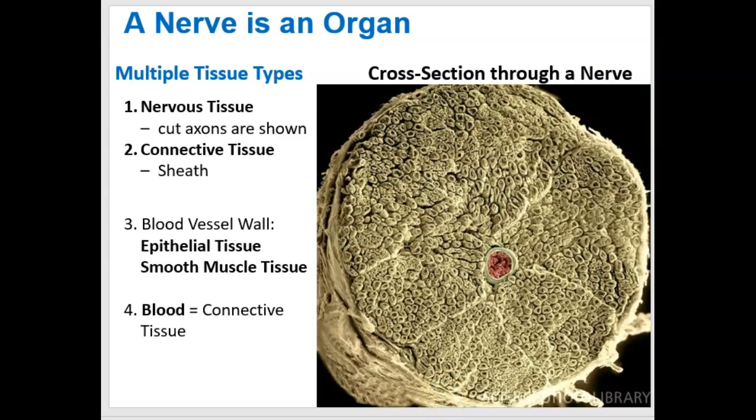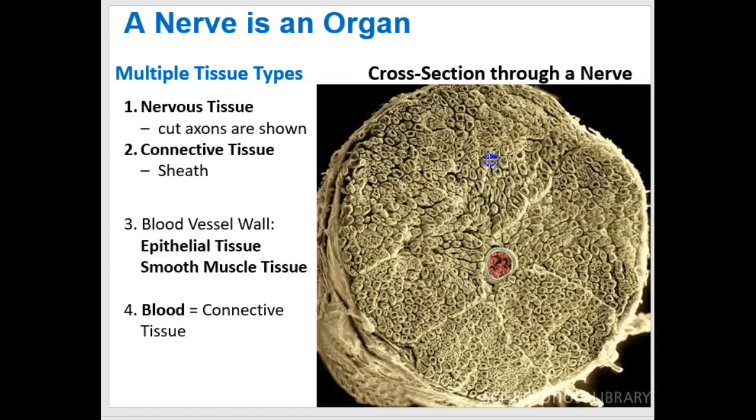Now let's talk about a nerve for just a second. A nerve is actually an organ. Nervous tissue is present in it, but it has other types of tissues as well. So this picture shows the cross-section through a nerve. So within it, we would see nervous tissue if we looked under the microscope. What I can tell you is that a neuron has been cut when this nerve was transected, and not just one neuron, but heaps of neurons.